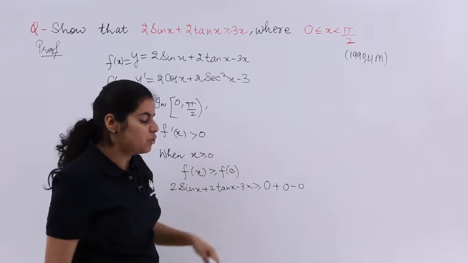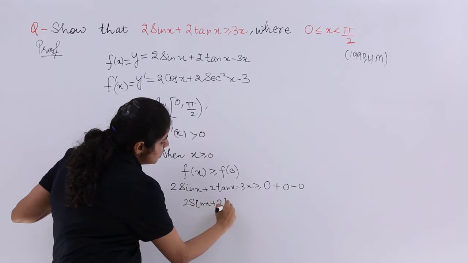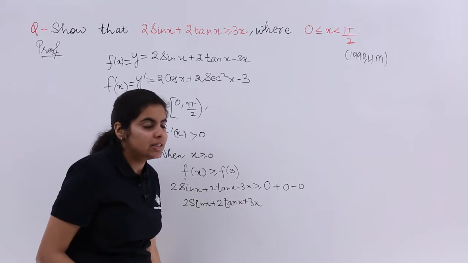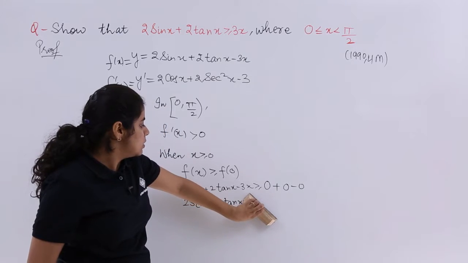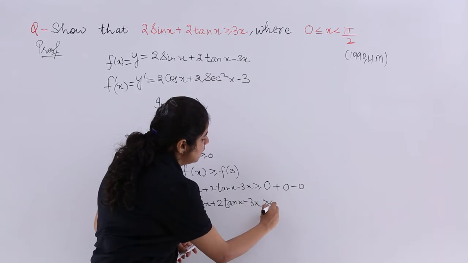So it is all 0, and what remains is 2 sin x plus 2 tan x minus 3x, not plus 3x, I'm sorry. Keep care of the sign. So minus 3x should be greater than or equal to 0.